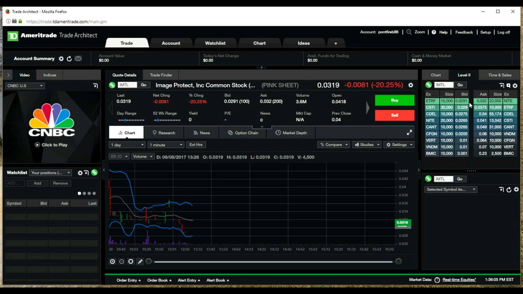For me in particular, the closer that I see the spread, the more appealing it looks to me. Now, why am I saying that? I'm saying that because the bid, if you're in a stock and you want to sell it, is what it's going to sell for. So if you're holding and the price per share is at 32, the only way you're able to get out of it at this point is if you sell it at 29.